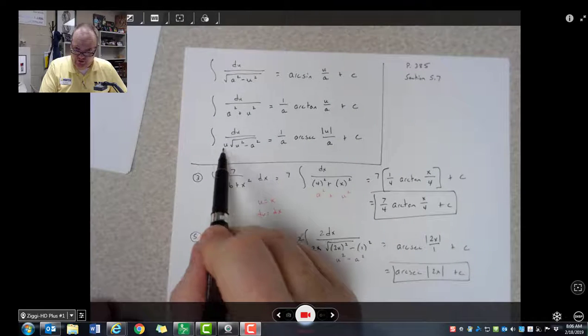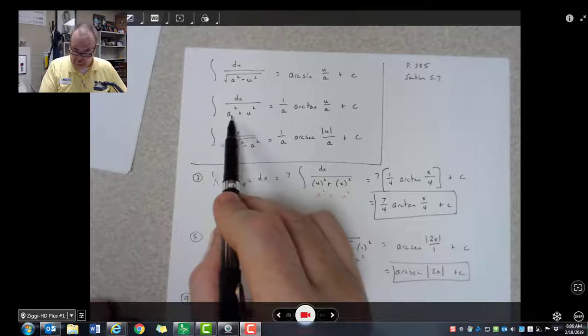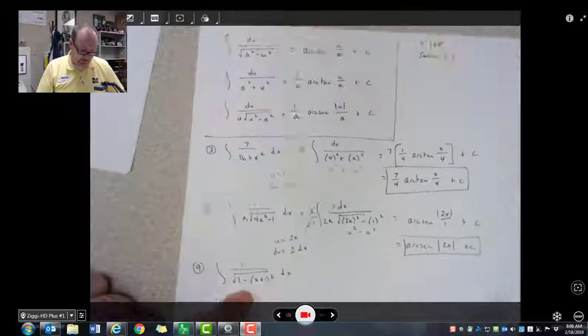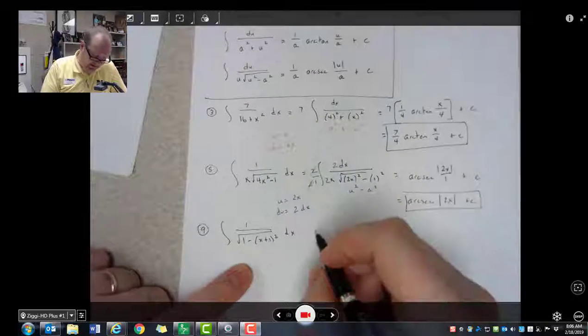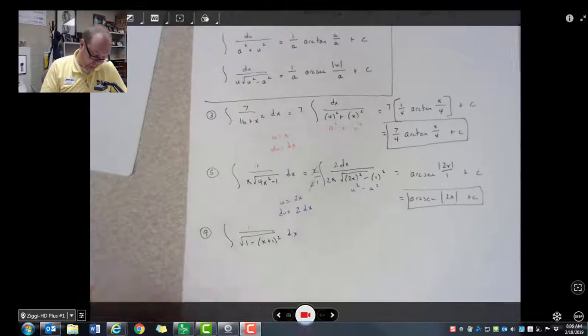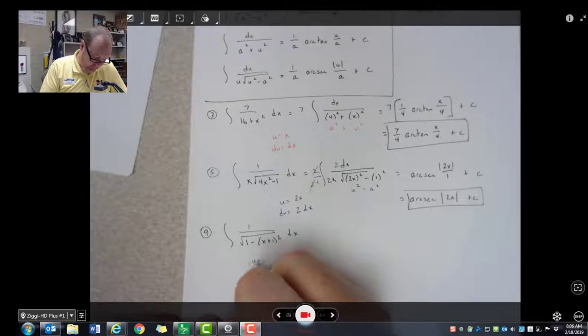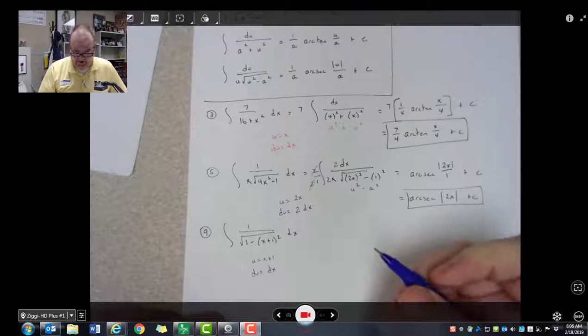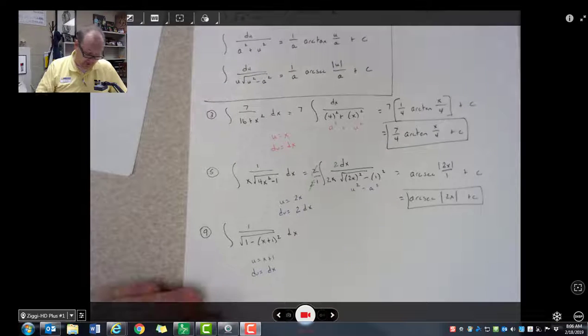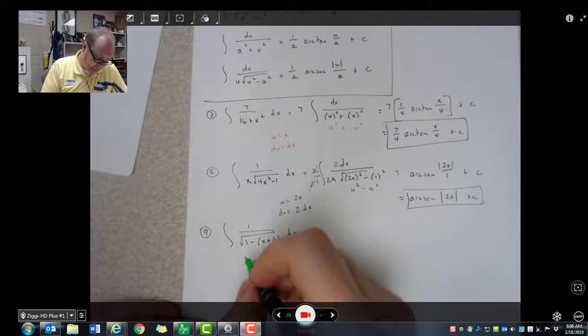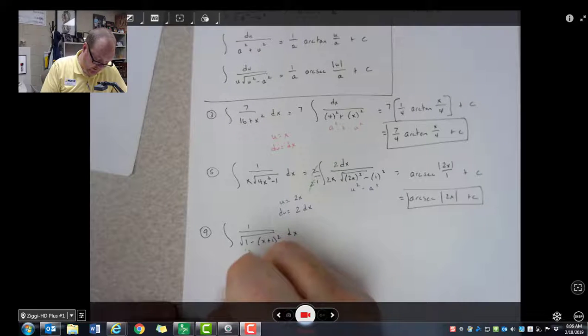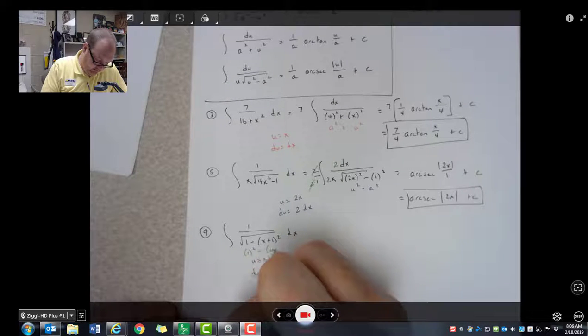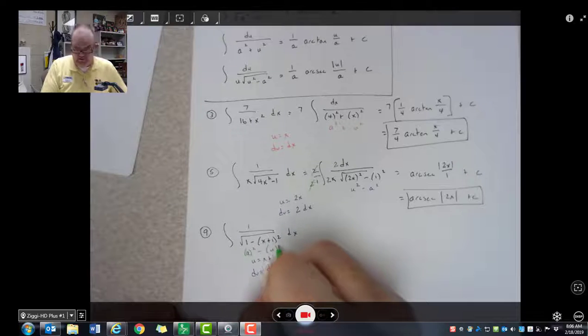This one doesn't have a u sitting out front. It has a square root, so arctangent's out. So if I choose u to be x plus 1, then the du is 1 dx. I think I'm good there. This looks exactly like a squared minus u squared.